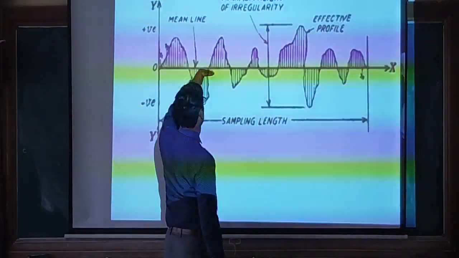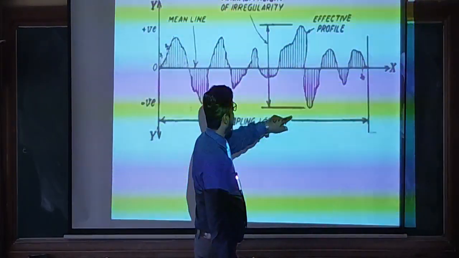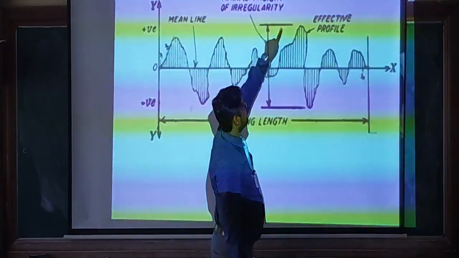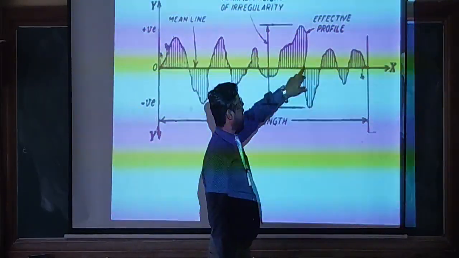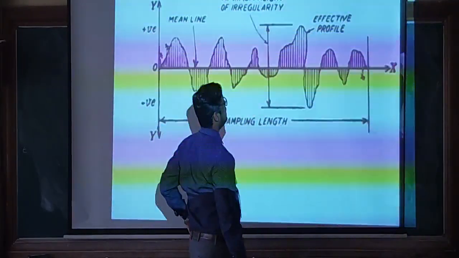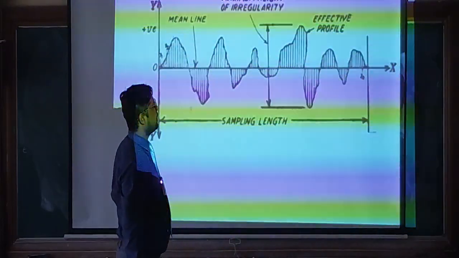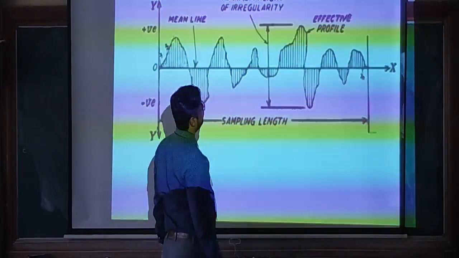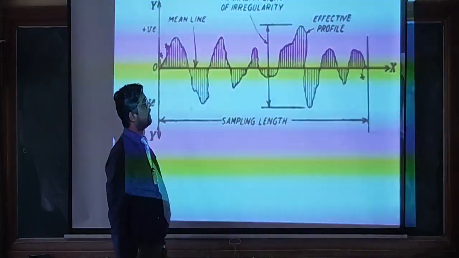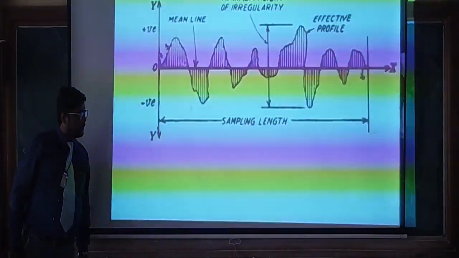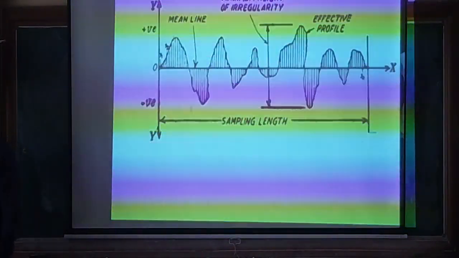This is the mean line, and this is the maximum height from the root to the crest, or the valley to the hill, the lowest point of the valley to the highest point of the hill. That gives the effective profile, the maximum height of irregularity, which we are taking.